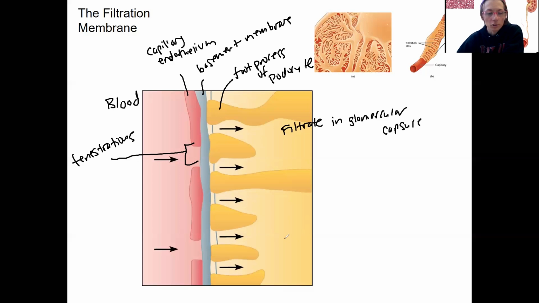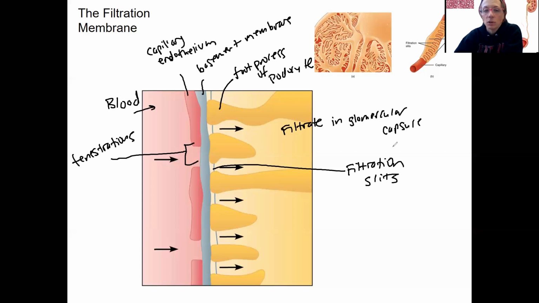This here is the capsular space. This was the blood here. This is a filtration slit. So we've got a pore in the capillary endothelium, the glomerulus, and we've got filtration slits in between these foot processes. I believe that is what I need for anatomy.